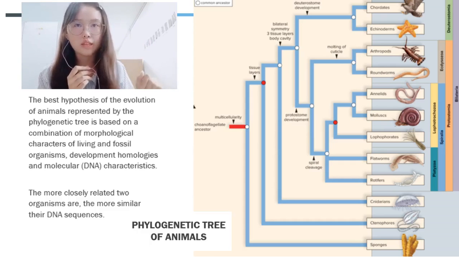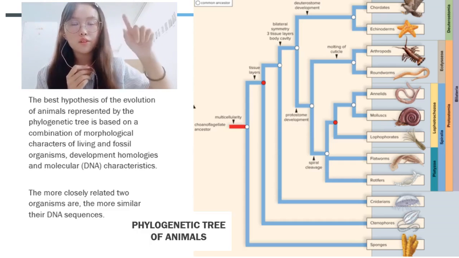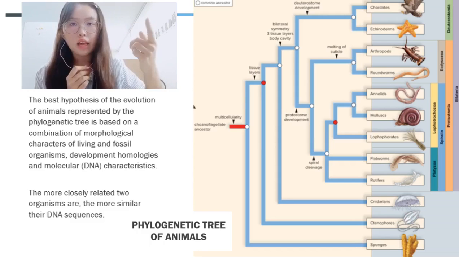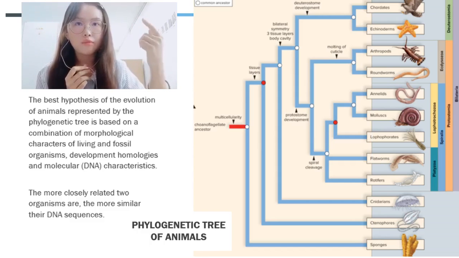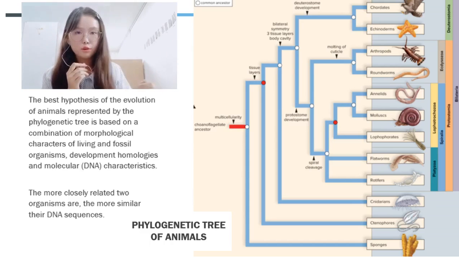Then they branch into different characters and group into different groups based on their characteristics. For example, whether you have tissue layers or not, and whether you have bilateral symmetry or not. Next is deuterostome development, which goes to the upper side, while protostome development goes to the down part, as well as molting of cuticle and spiral cleavage.